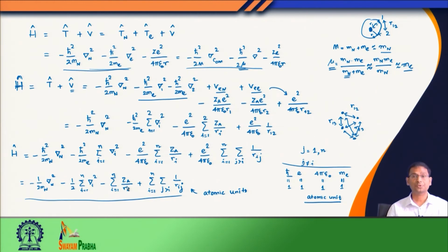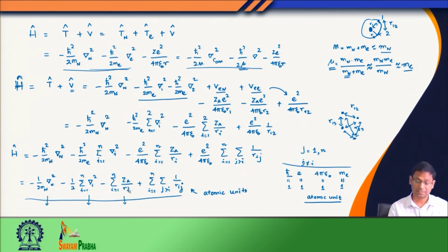The other thing we should notice here is that this operator, the kinetic energy operator of the electron, depends on one electron, because there is a nucleus and the electrons are moving with respect to the nucleus.